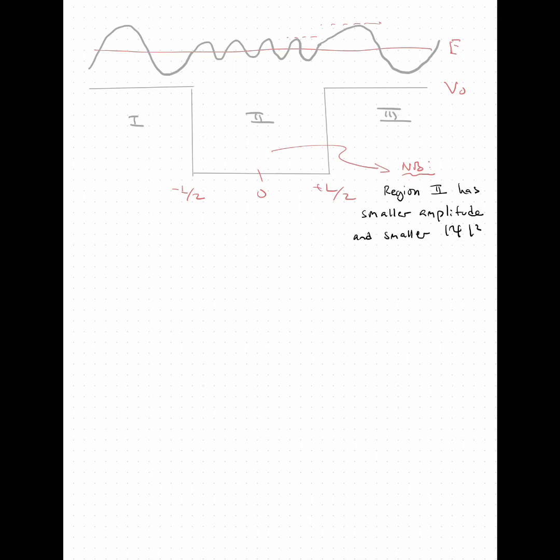So region 2 has a smaller amplitude and therefore smaller probability density, psi squared.